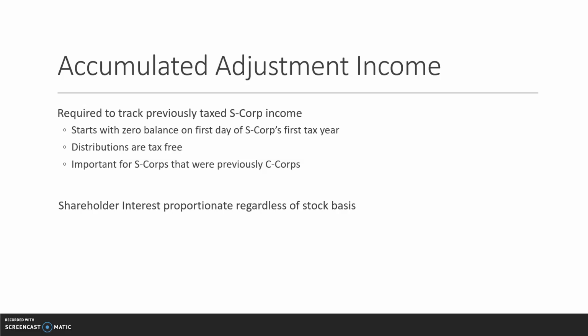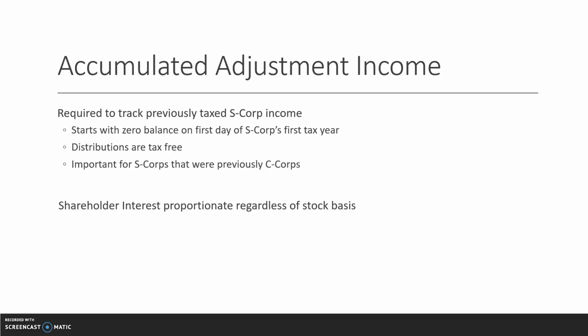Now, how accumulated adjustment income is going to be treated is that you are required to track previously taxed S Corp income if you were previously a C Corp, but everyone should really do it. As you'll see here in a minute, when an S Corp is established, your accumulated adjustment income starts at zero on the first day of the S Corp's first taxable year.